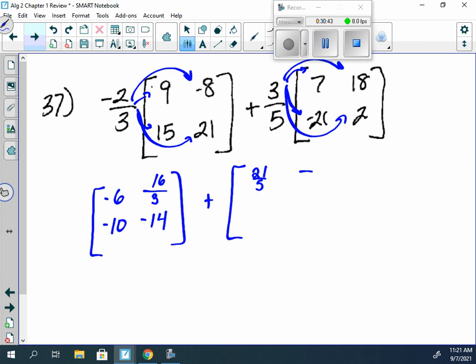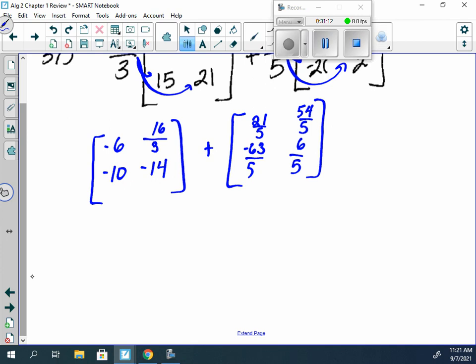Here, it's going to be over 5. 18 times 3, 18 and 18 is 54/5. 3/5 times negative 21 is going to be negative 63 over 5. And lastly, we would have 6 over 5. 3/5 times 2 would be 6/5. Any questions on how we got to this point here?